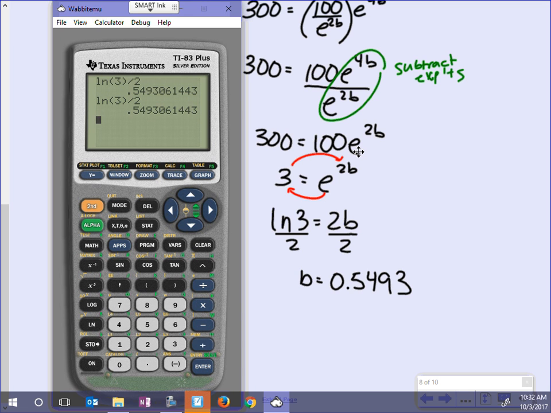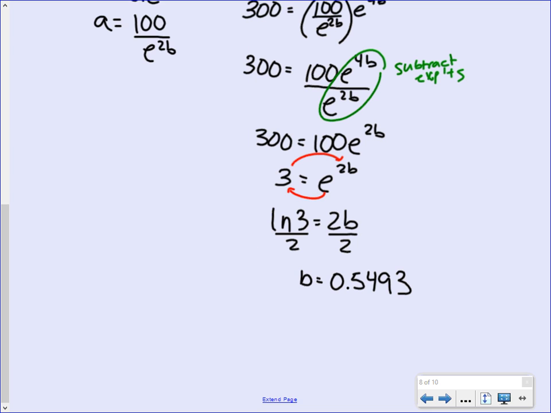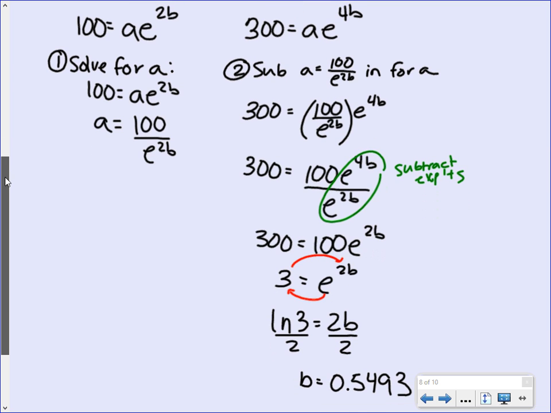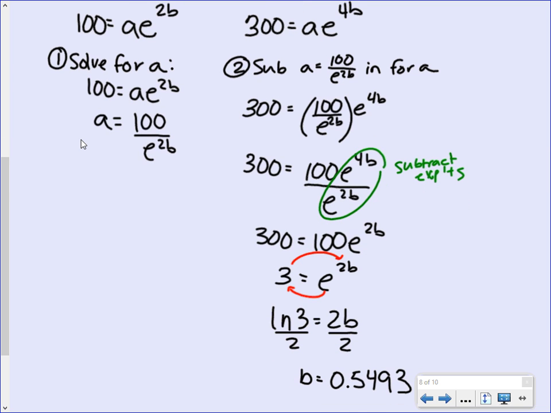No, this is the rate. Remember, b is the rate. So we still have to find the initial amount. Okay. So look back at your work. Remember, originally we had this a equals 100 divided by e to the 2b. Step 3.